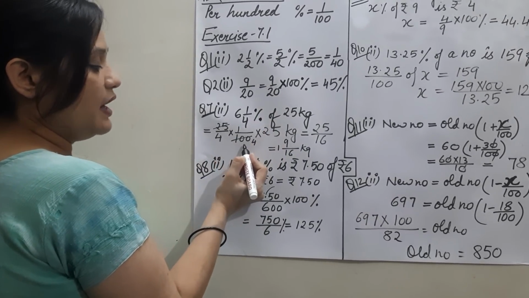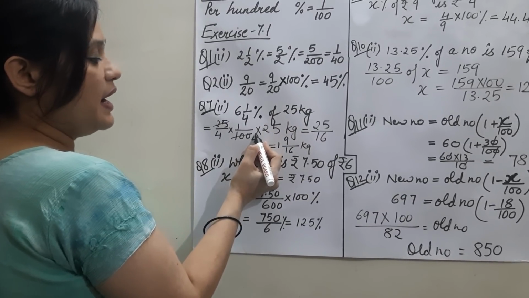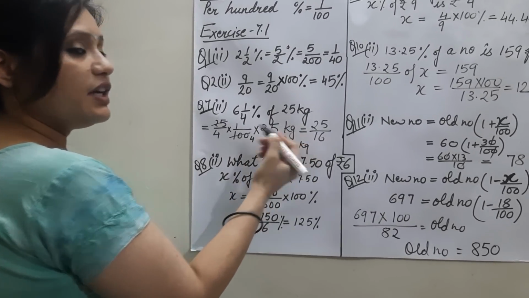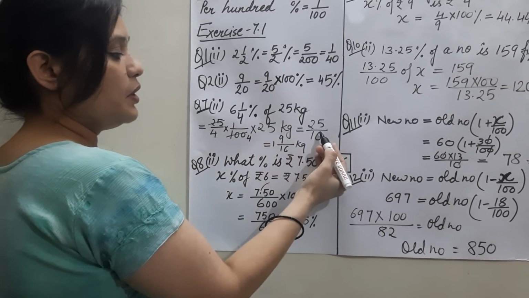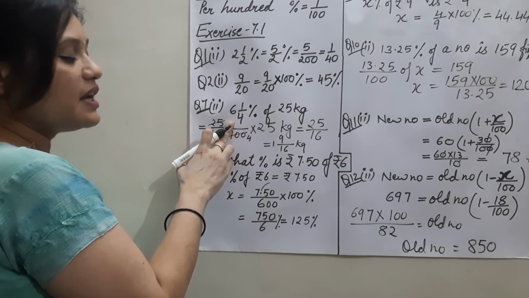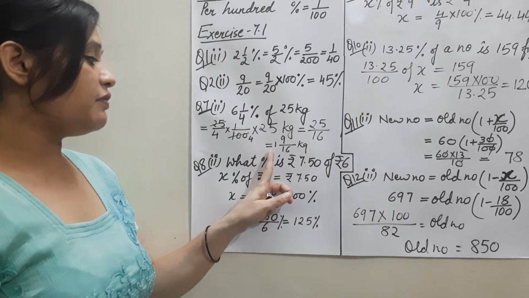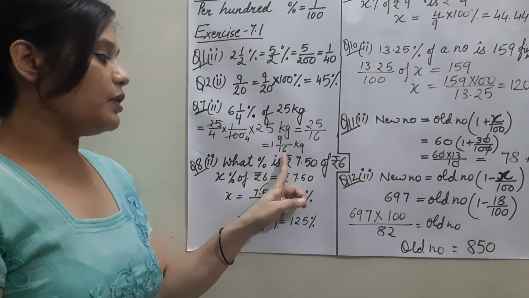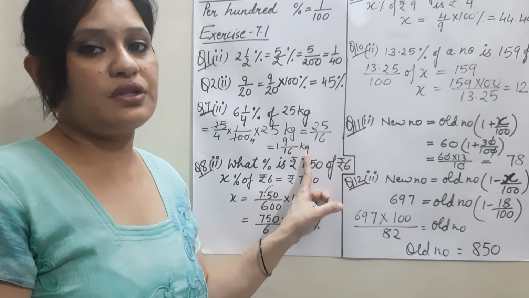So we'll write 1 upon 100. Of is replaced by multiplication sign. 25 kg. 25 fours are 100. Then we have got 25 upon 16. As the question was consisting of a mixed number, the answer can also be given in a mixed number. So I have taken out 1 whole 9 upon 16 kg as the answer of this question.